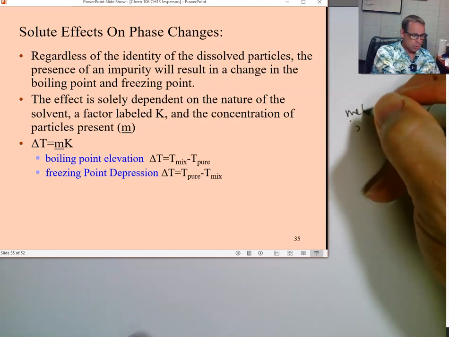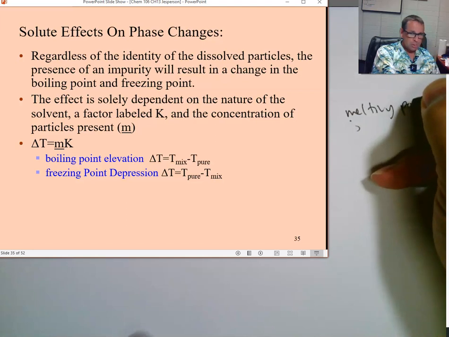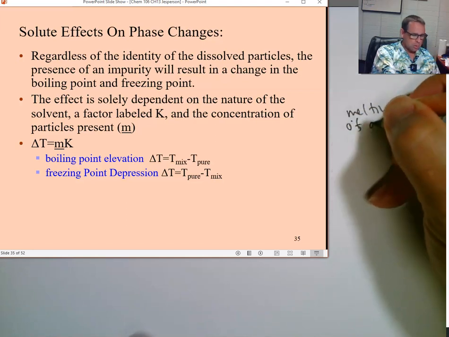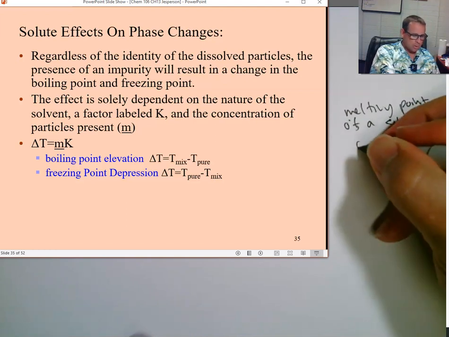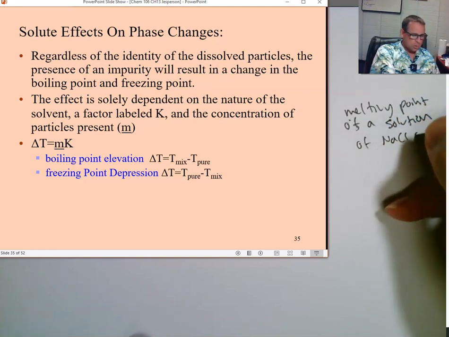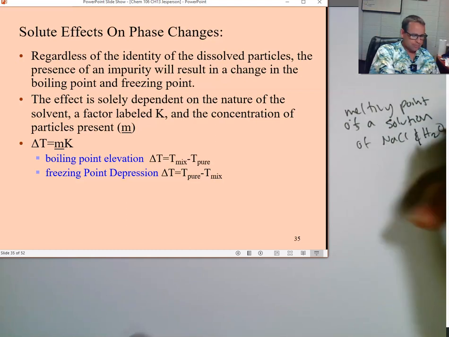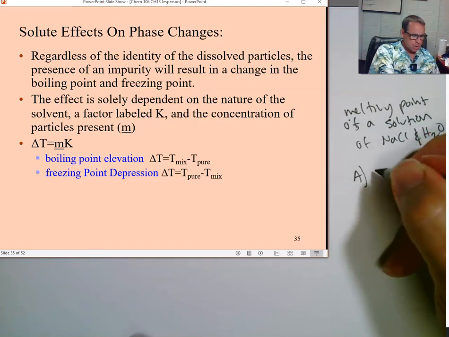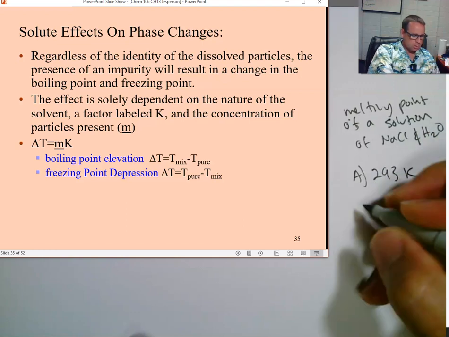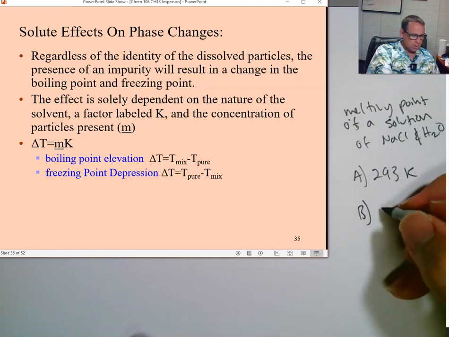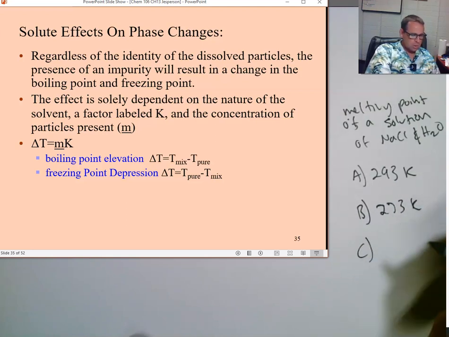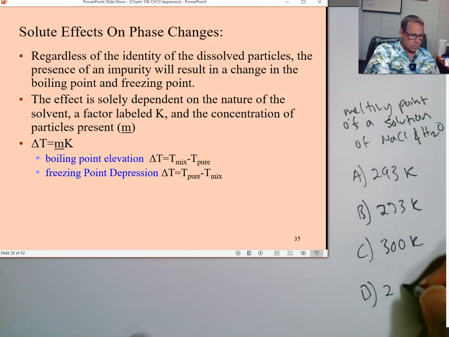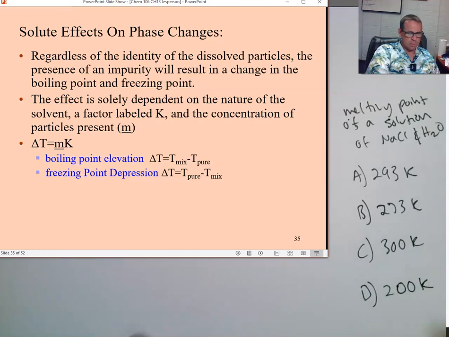So we're looking for the melting point of a solution of salt and water. Okay? So A, 293 Kelvin, B, 273 Kelvin, C, 300 Kelvin, D, 200 Kelvin.